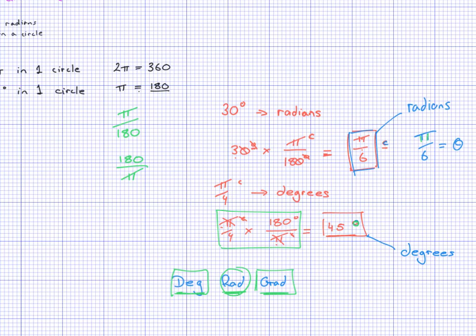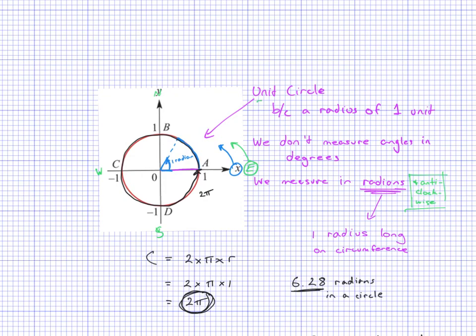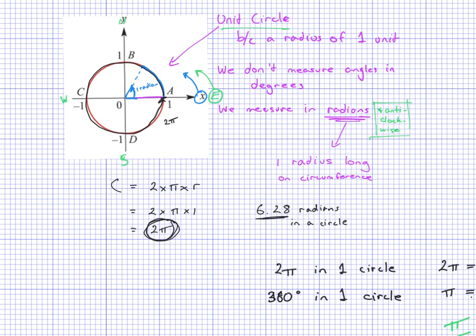All right, so to recap this lesson, short and sweet, we have the unit circle, which is a circle with a radius of 1. We don't measure angles in degrees in these unit circles, we measure them in radians. Radians have the symbol of a C, and a radian is one radius laid onto the circumference of the circle.